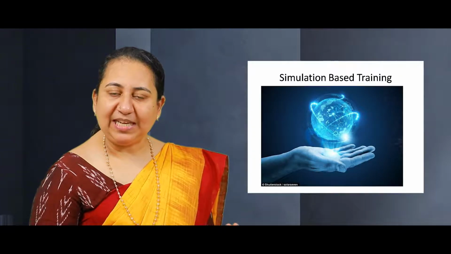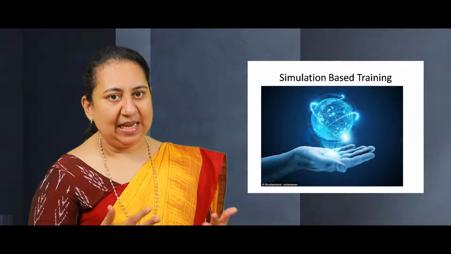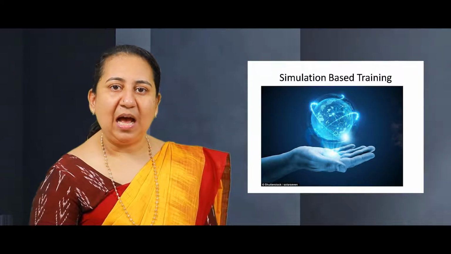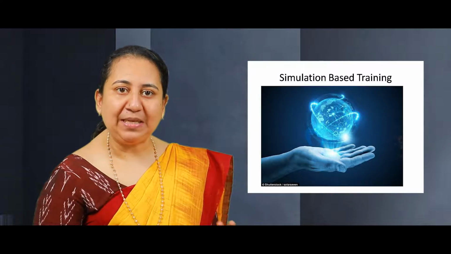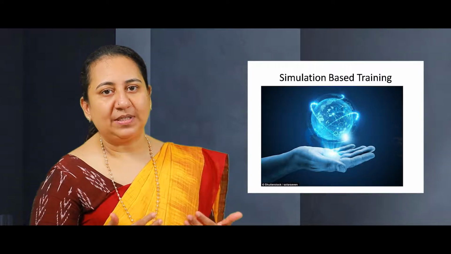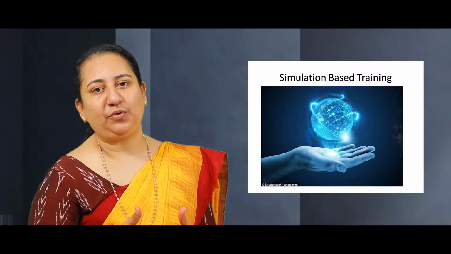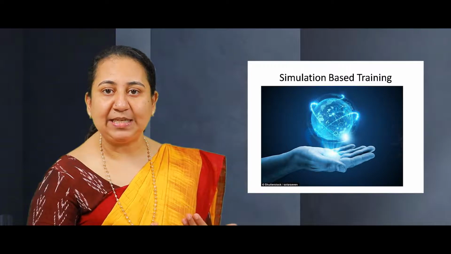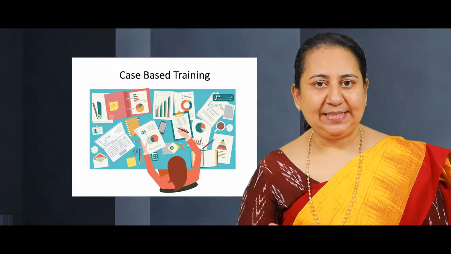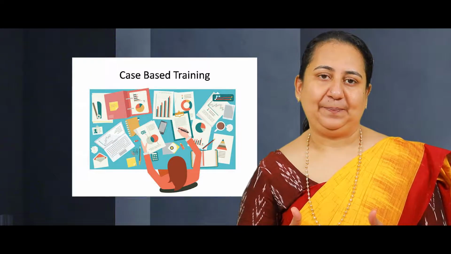Another one is simulation based training. It allows users to learn how to operate expensive machinery or work with complex computer software in a safe and easy to work in environment. It provides its end users a method of experimenting and learning in an environment. Fourth technique is case-based training.